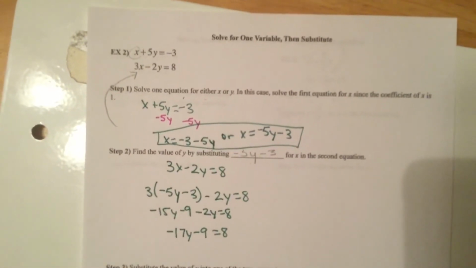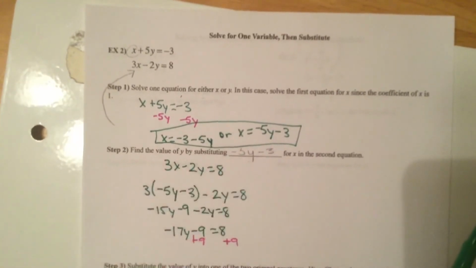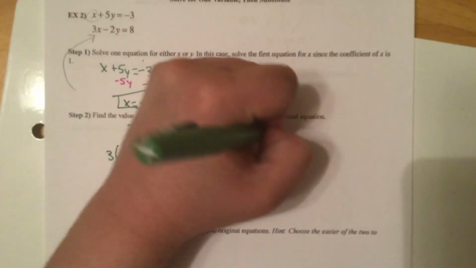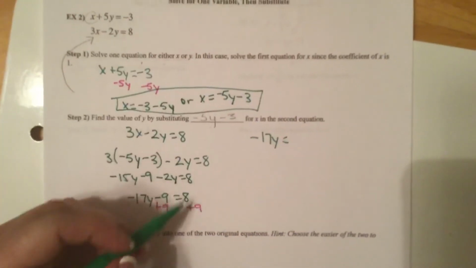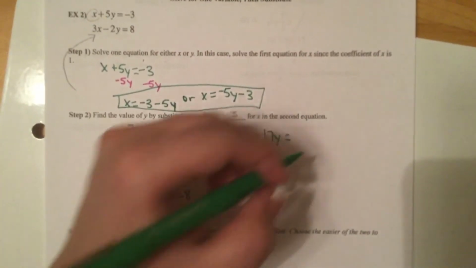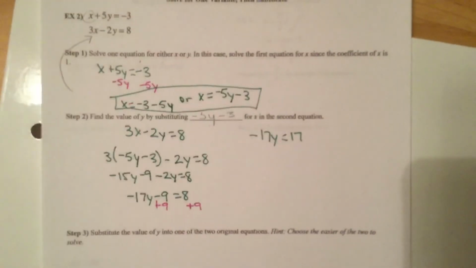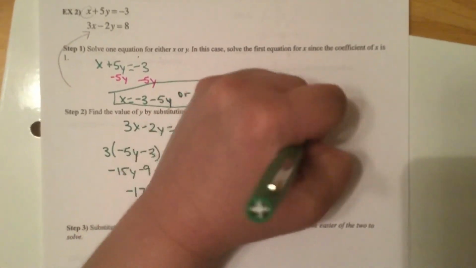I'm going to add 9 to both sides, which leaves me with negative 17y equals 8 plus 9, which is 17. Then I'm going to divide by negative 17.